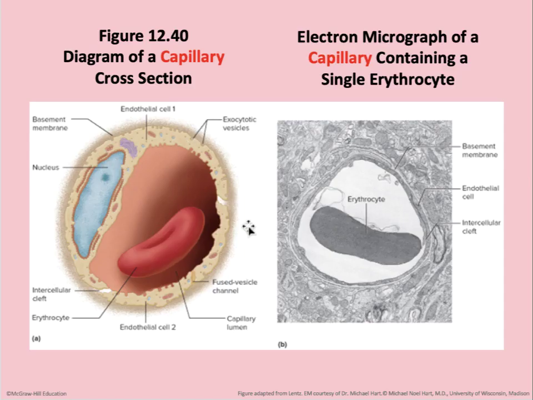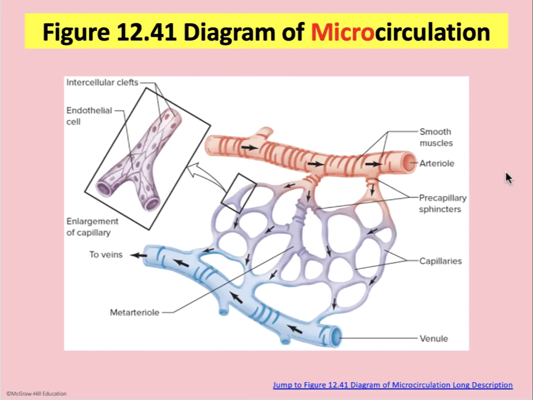Here is a cross-section of a typical capillary. You can see it's just wide enough to accommodate a red blood cell or two, and in this way the vicinity of the tissue is brought into close proximity to the red blood cells themselves. Histology reveals that there's a microcirculation present in various locations in all tissues, where the arteriole and the venule are separated by capillaries.